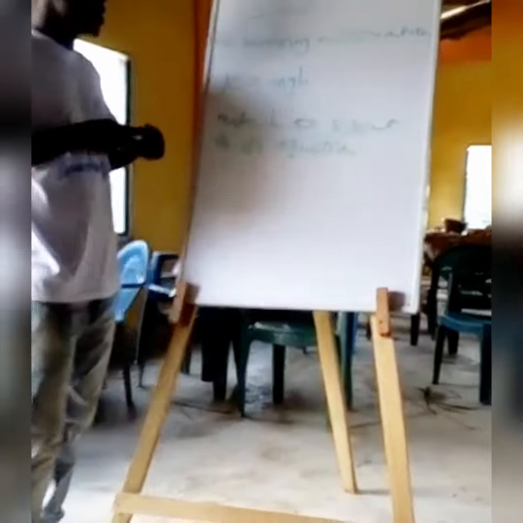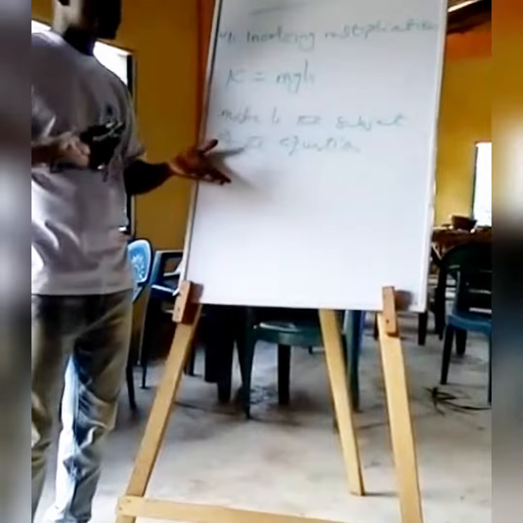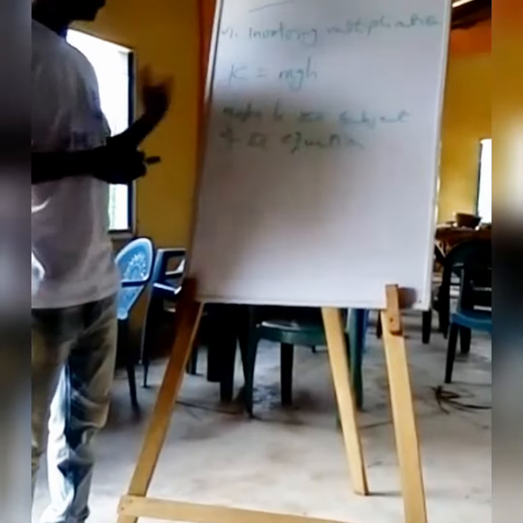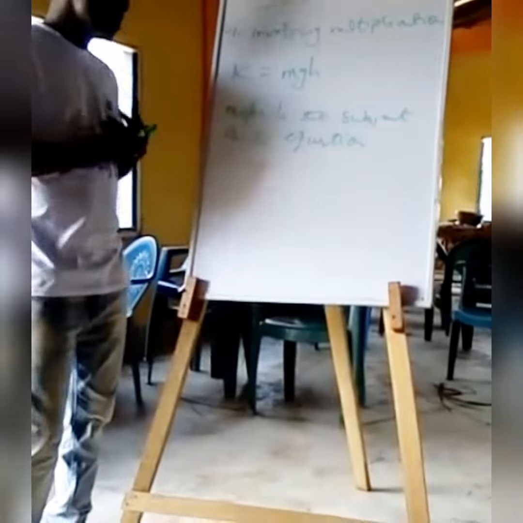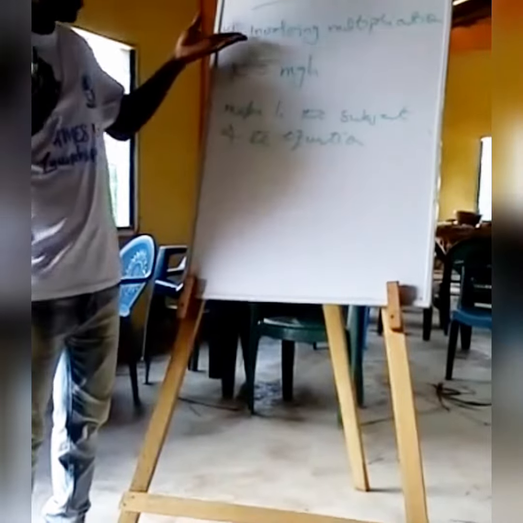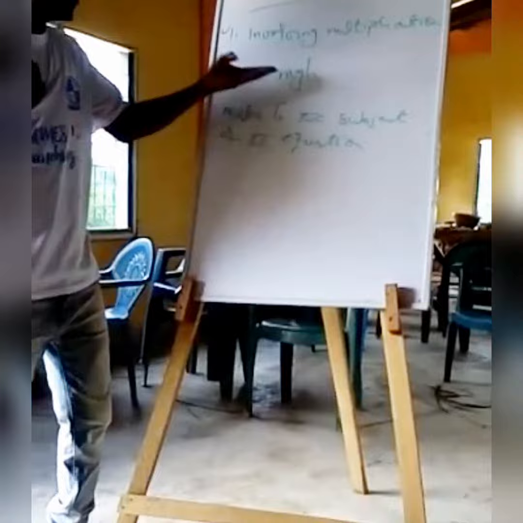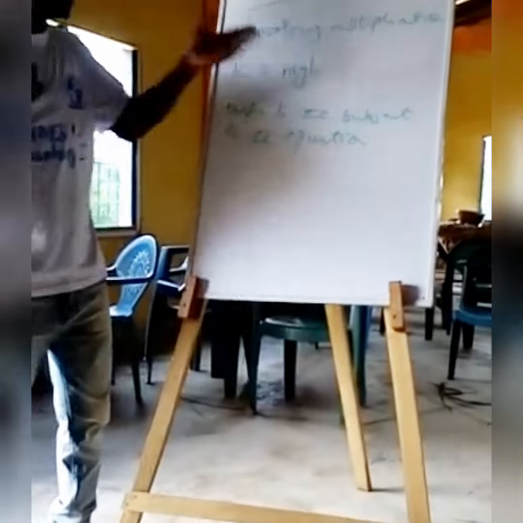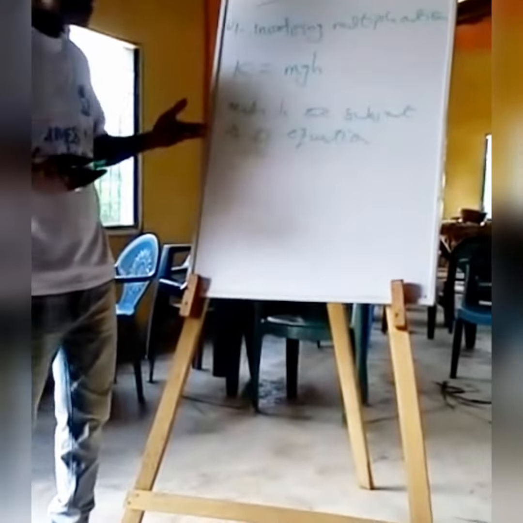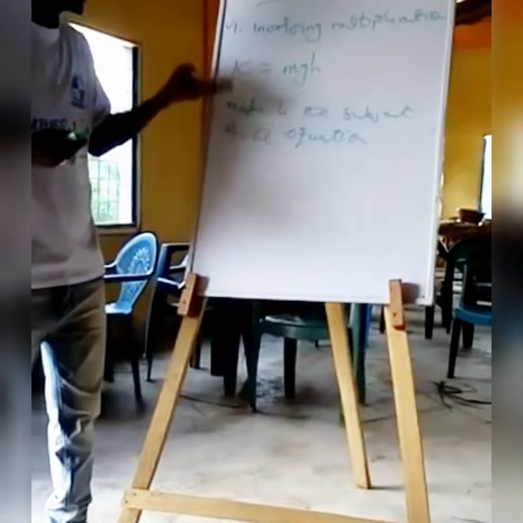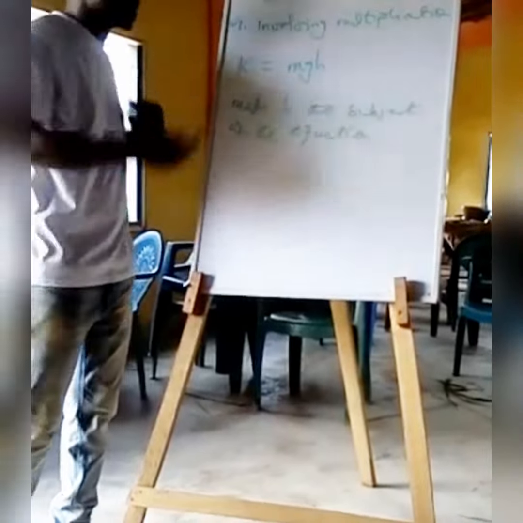When you're asked to make H the subject of this equation, it's very simple. What do you have to do? The one involving multiplication, this is how you do it: divide both sides by the letters or variables attached to the one you want to make the subject.